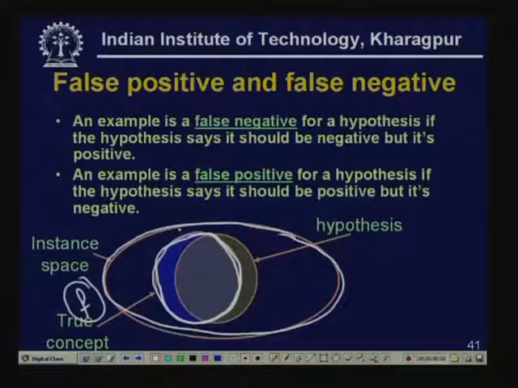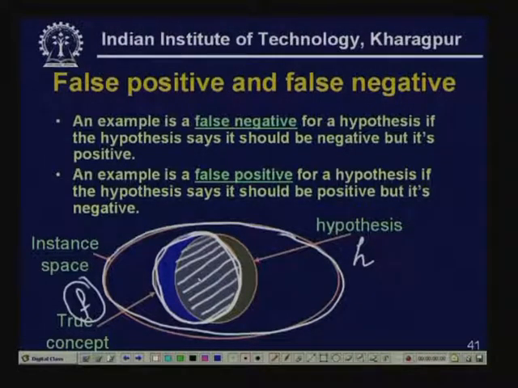This f labels the instances inside this circle as positive and the instances outside this circle as negative. Now, this other circle is the hypothesis h that your learner finds. In this region, the h and f agree in the labeling of these instances.